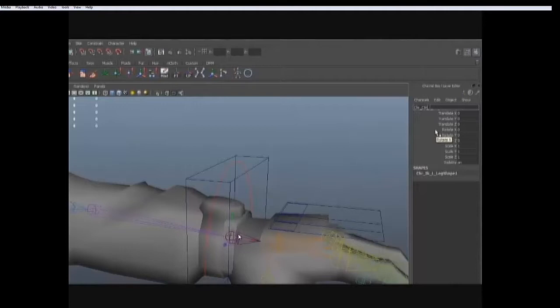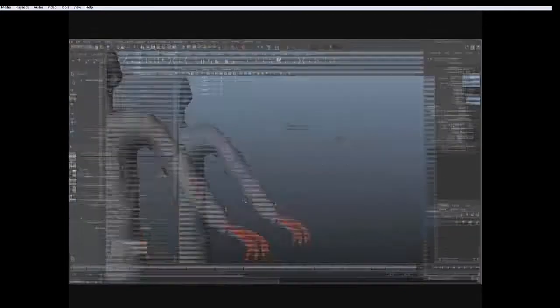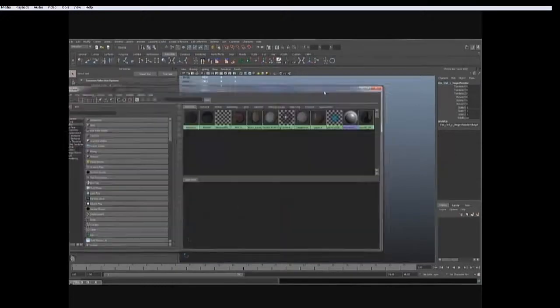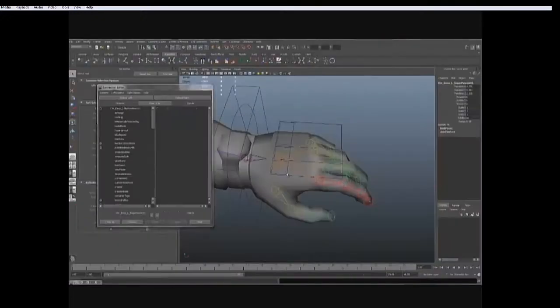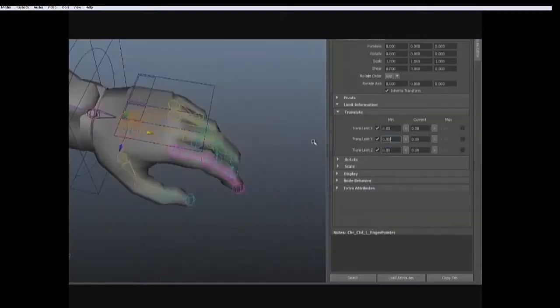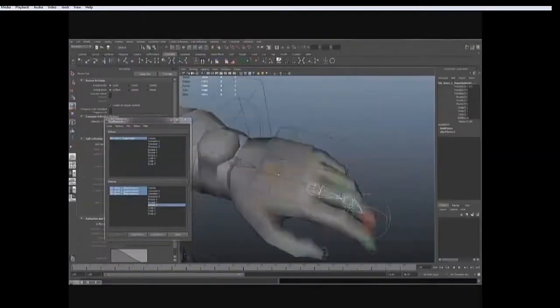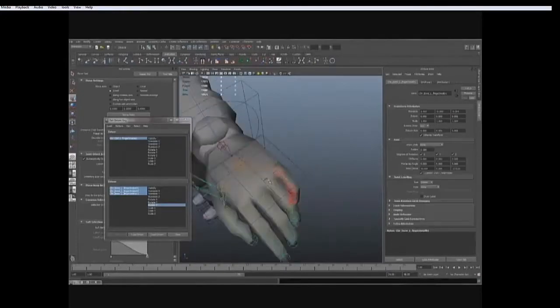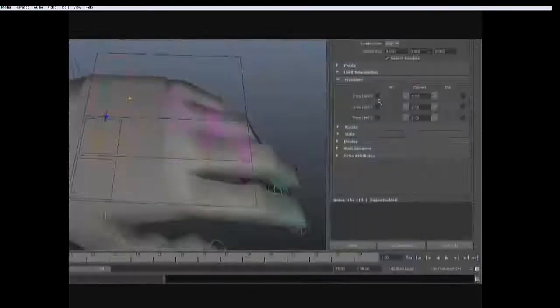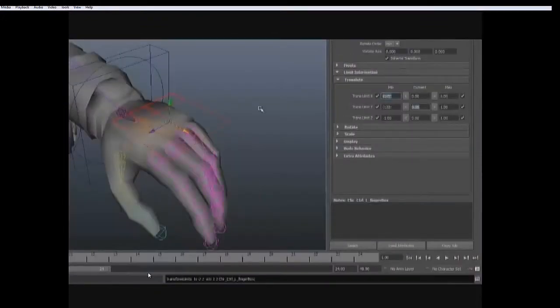Here are the finger controllers, and in a few seconds you can see how I set this up. So there I am using driven keys. If you don't know how driven keys work, basically you key the controllers, which are right now in their idle position.